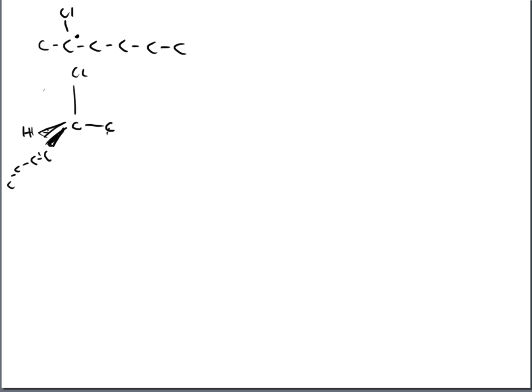So when I react it with CH3O-, I'm going to get a product. And that product is going to look like this. Hydrogen, I still keep there. My chlorine, I'll keep it there.